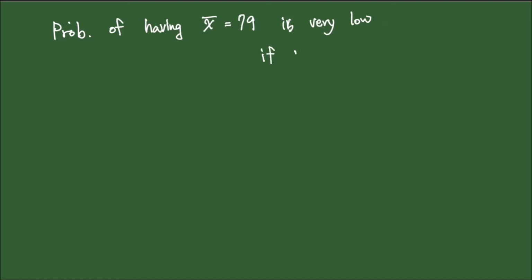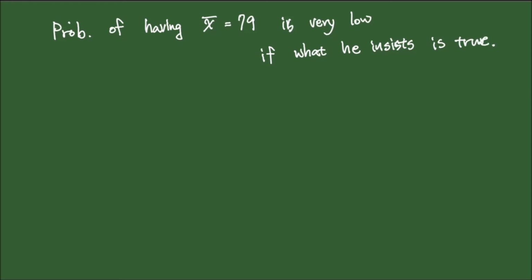Well, I would say I don't believe it, because when I think about the probability of having x bar, which is my sample mean, being 79, it is very low. It's very low if what he insists is true.